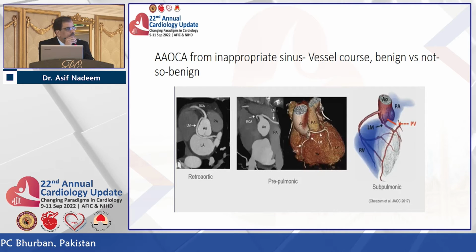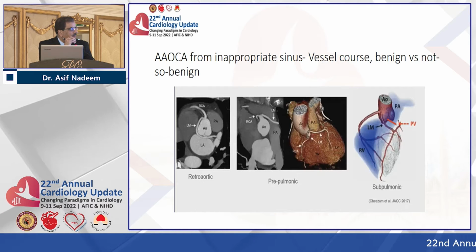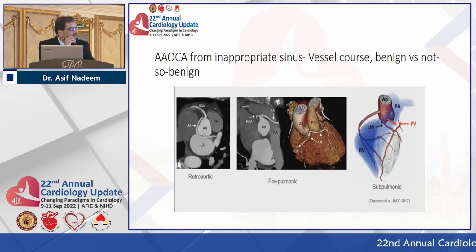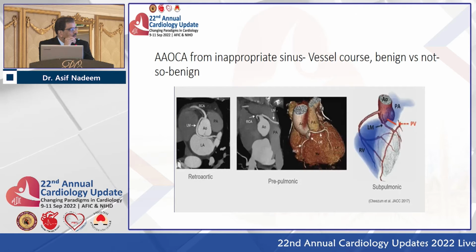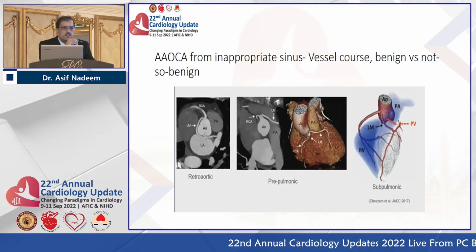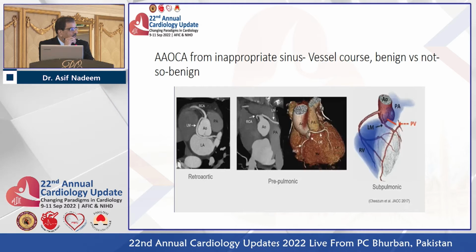Similarly, if the left coronary artery is passing pre-pulmonically, if this is the pulmonary valve and this is the left coronary artery passing in front of the pulmonary valve, this is a benign condition, because it is not passing between the two great arteries.